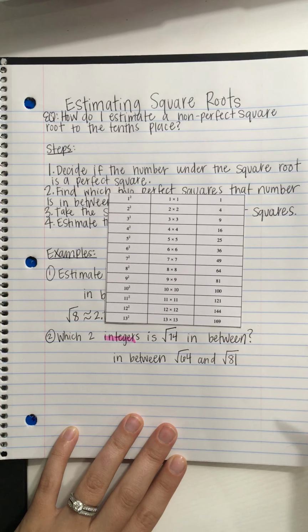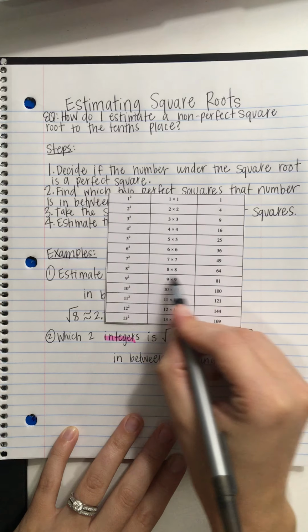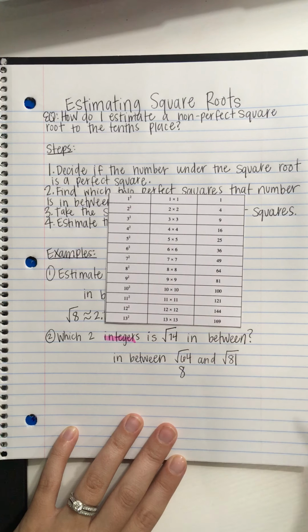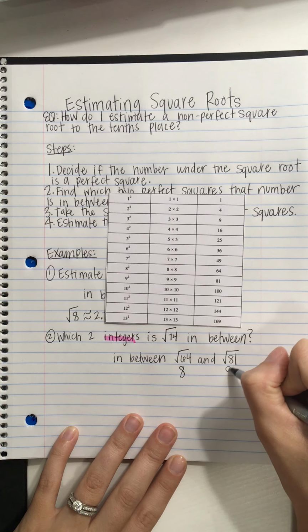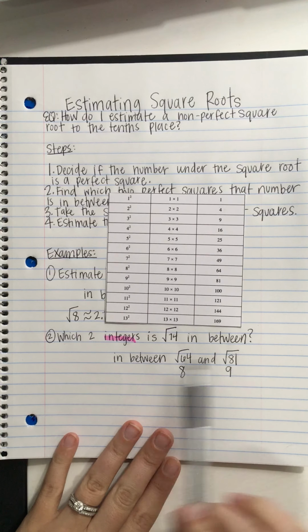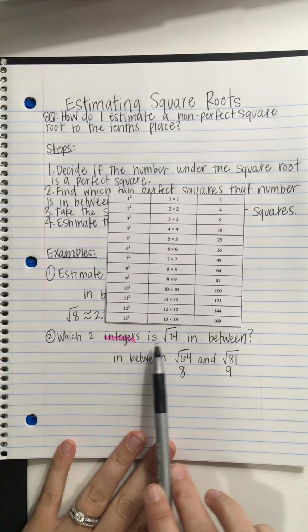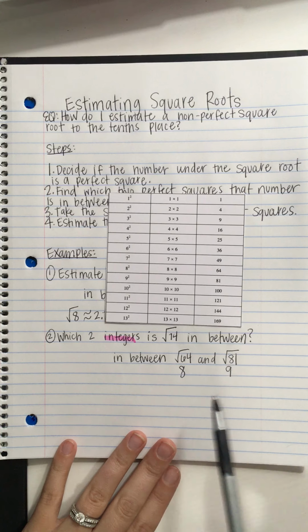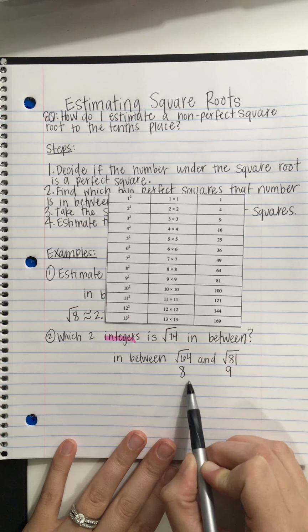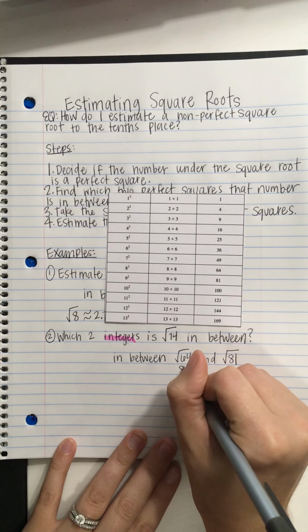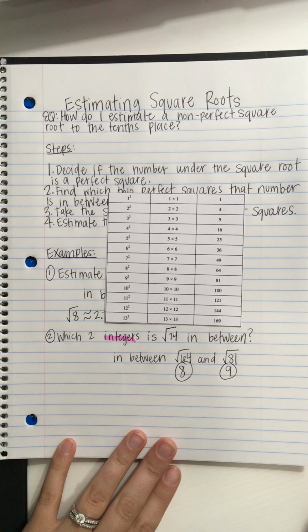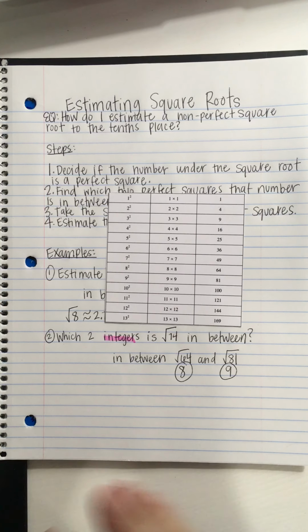When I find the square root of those perfect squares, square root of 64 is 8. Square root of 81 is 9. So when this question says which two integers is square root of 74 in between, I'm looking for integers here. It's in between integers 8 and 9, because that's kind of where it would fall on a number line.